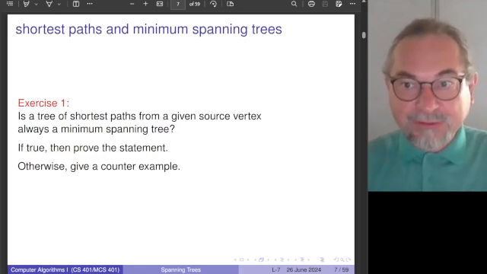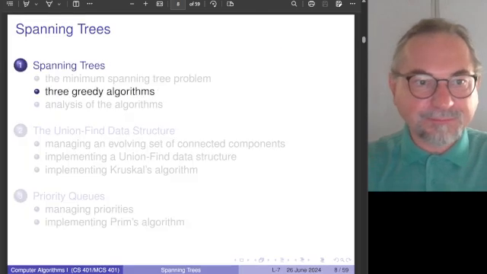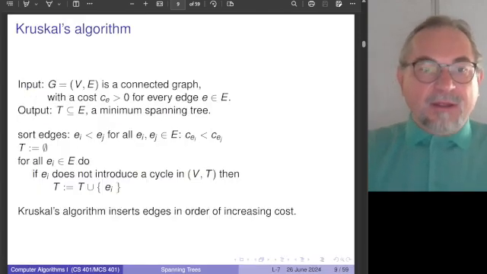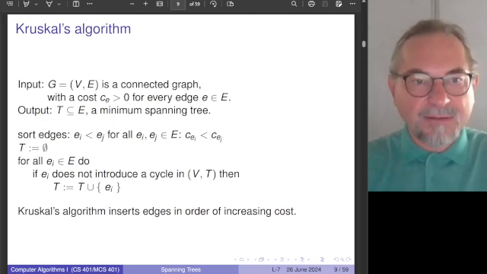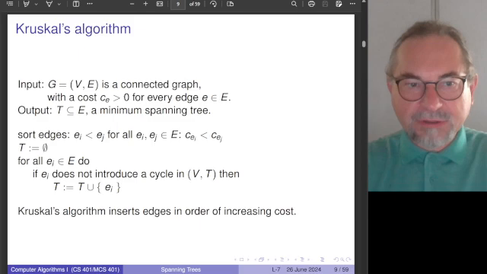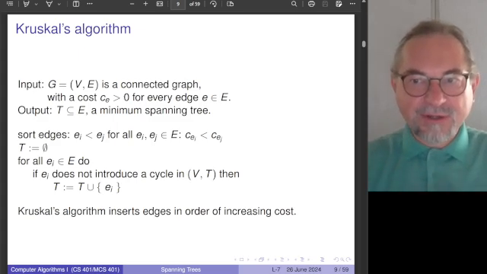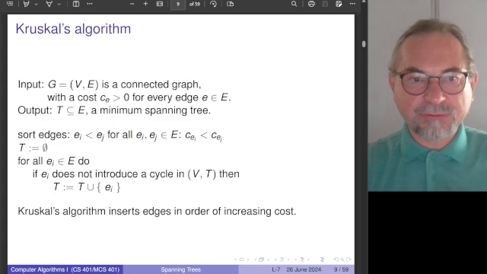We also understand the need for algorithms. So now we will give 3 algorithms, 3 greedy algorithms. Here is the first one. It's called Kruskal's algorithm. What Kruskal does, in a nutshell, is add edges one at a time, starting with the edges that have the smallest cost.